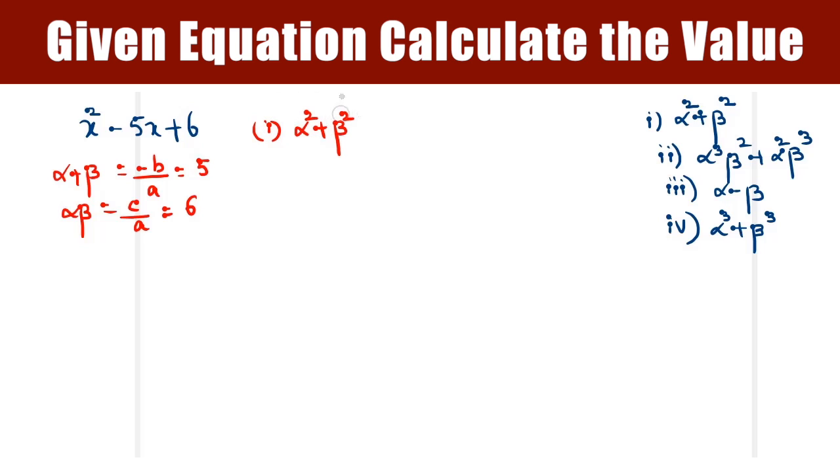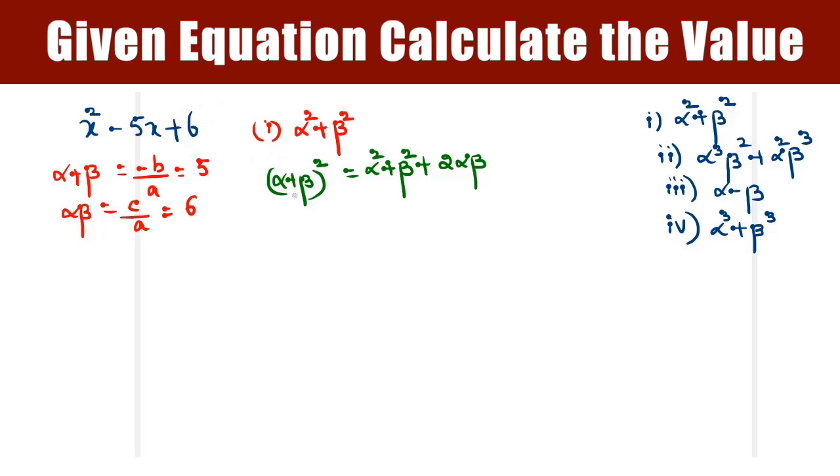For alpha square plus beta square, we'll go back to the class 9 polynomial lesson. We know that alpha plus beta the whole square is equal to alpha square plus beta square plus 2 alpha beta. I'm using the formula a plus b the whole square is equal to a square plus b square plus 2ab. I'm going to substitute all the values that I know.